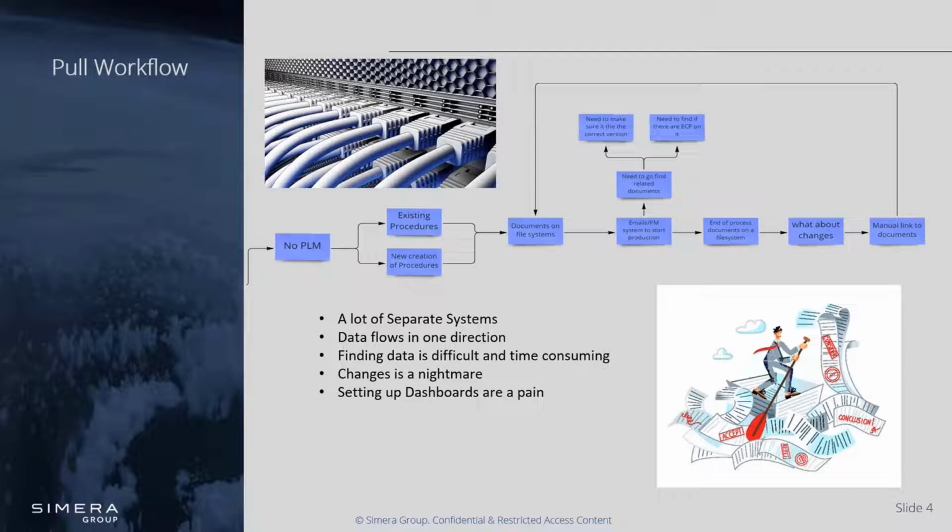The way data is obtained in a pull workflow is the person that needs it has to go out and find it by searching for data in one of these various locations.